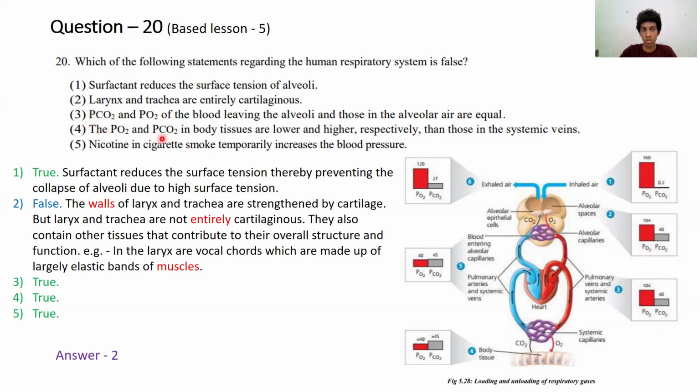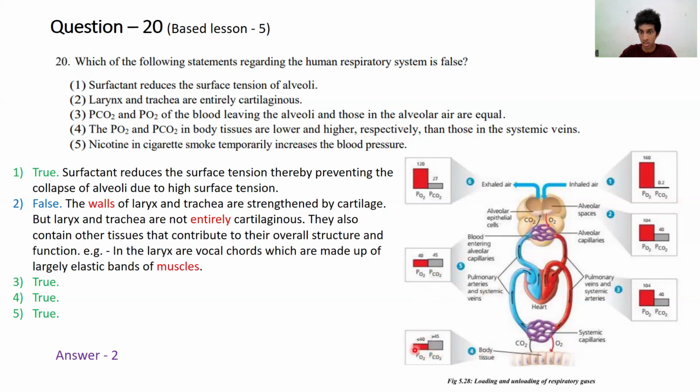Fourth one, the PO2 and PCO2 in body tissues are lower and higher respectively than those in the systemic veins. So here they have given the PO2 and PCO2 levels of the body tissue here, and the PO2 and PCO2 levels of the systemic veins here. So as you can see, the PO2 level in the body tissue is less than 40.